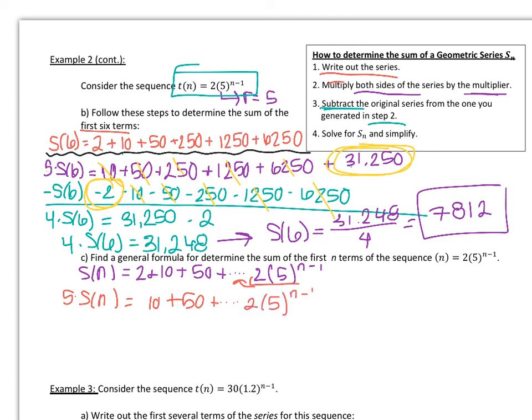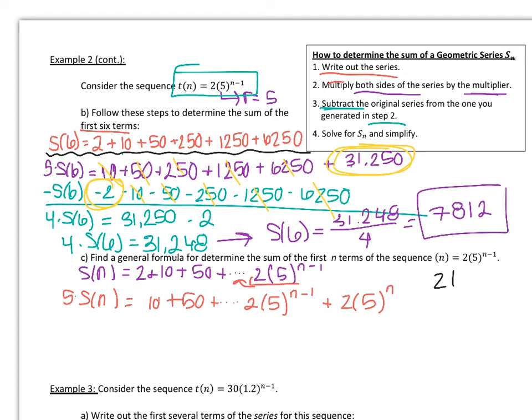And then when I multiply my very last term, which is 2 times 5 to the n minus 1, times 5, what I end up with is 2 times 5 raised to the n, not the n minus 1, because I will show you in case you're confused.